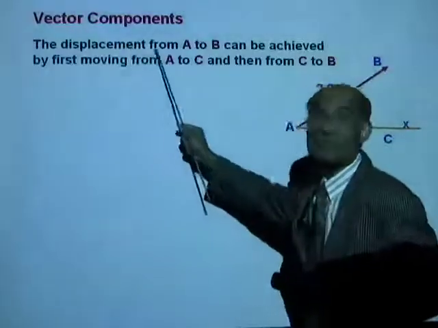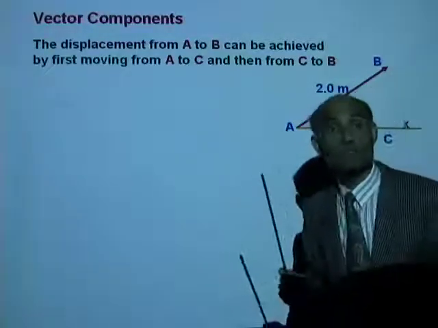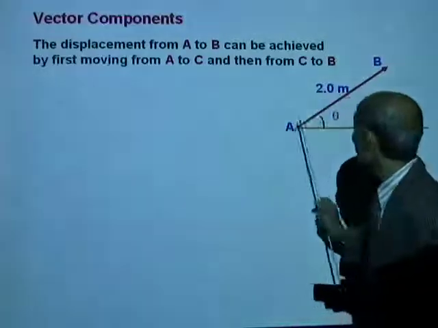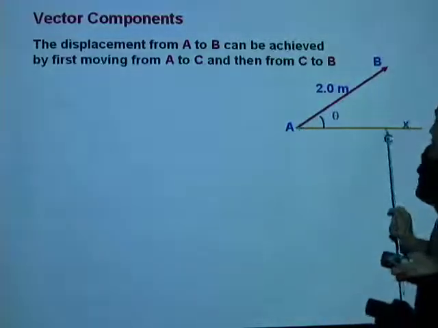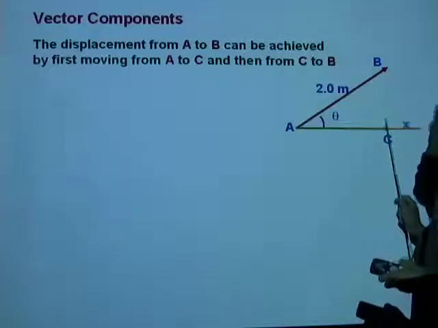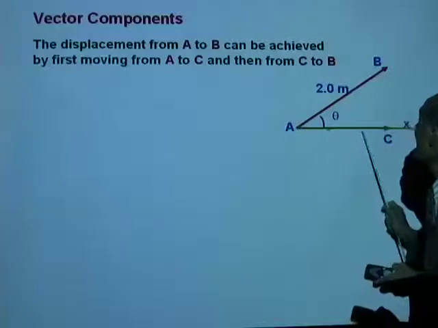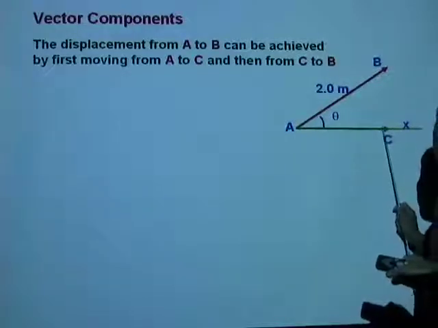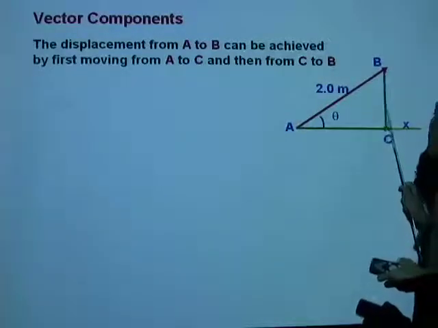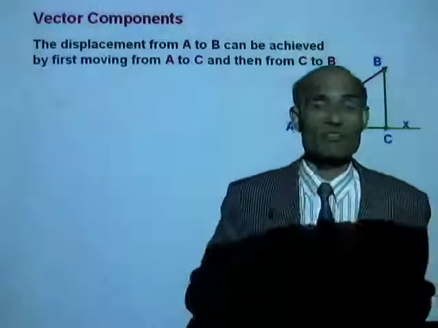The displacement from A to B can be achieved by first moving from A to C along the x-axis and then moving from C to B along the y-axis.